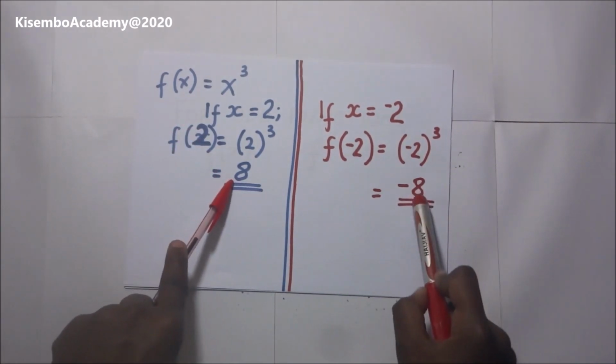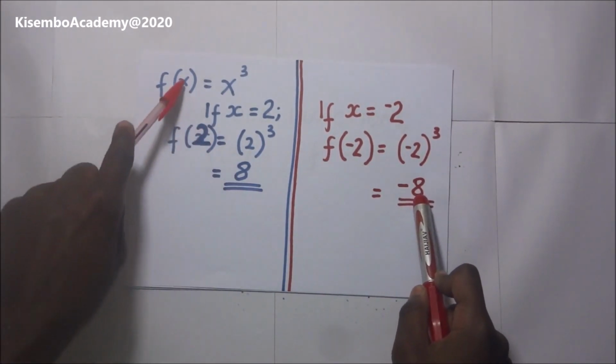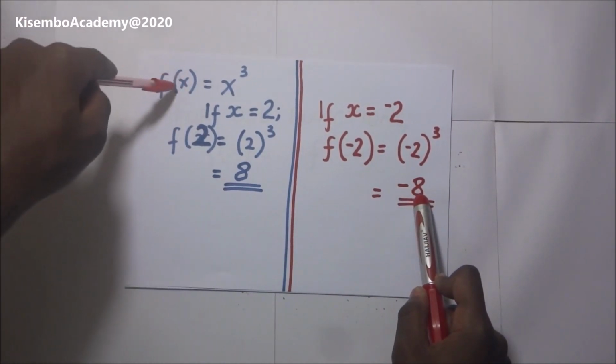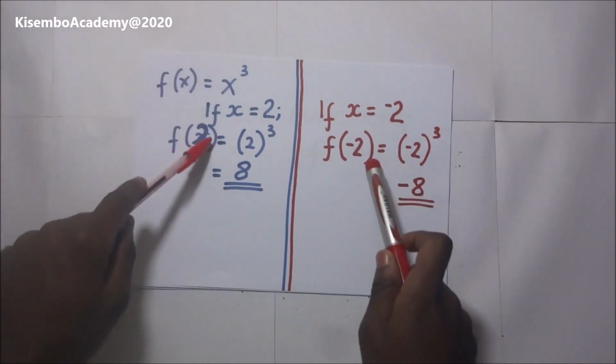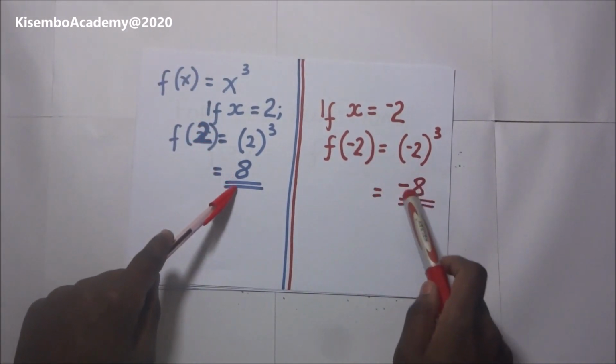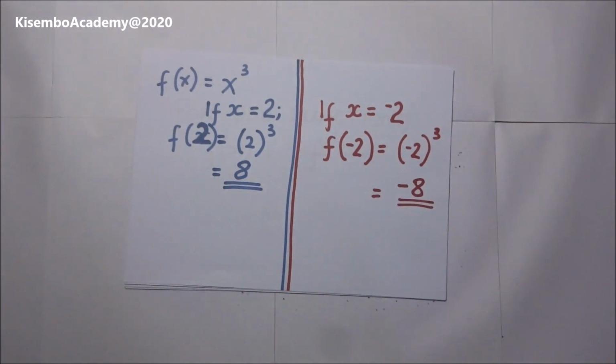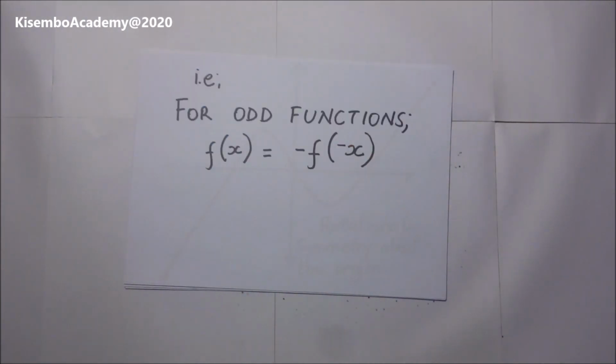So with an odd function, when we put a negative value in the place of x, like we have done here, you're going to end up with a negative answer. So that brings us to the relation for odd functions.